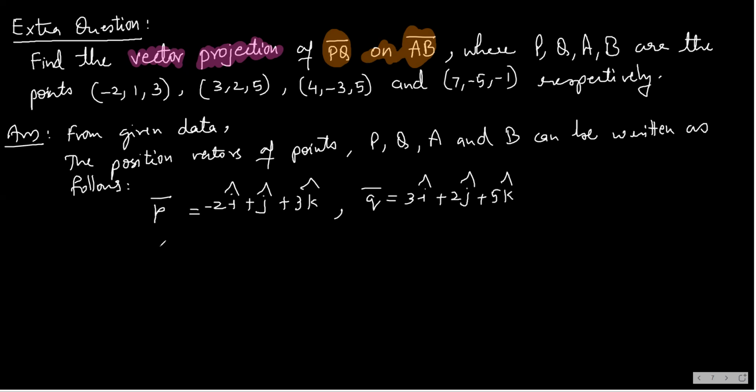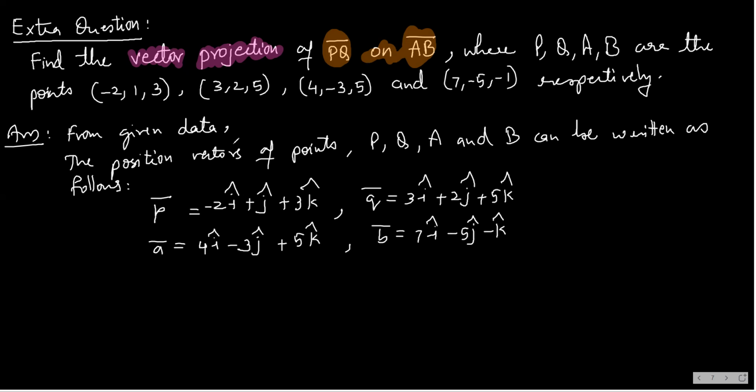Then you have the position vector of point A, A bar, which is 4i cap minus 3j cap plus 5k cap. And the last one is B bar, which is 7i cap minus 5j cap minus k cap.